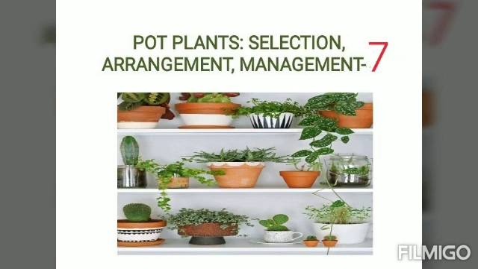So in the previous videos we have learned so many things related to the pots, and we have learned about part 1, that is related to the arrangement. And in the arrangement we saw how we have to decide where we want to put our pots, and then how we have to pick the colors, and plan out the shape.